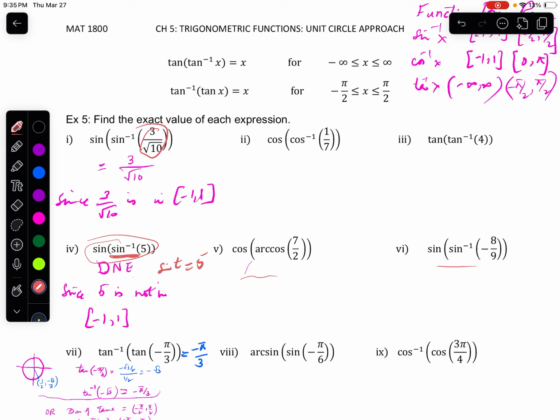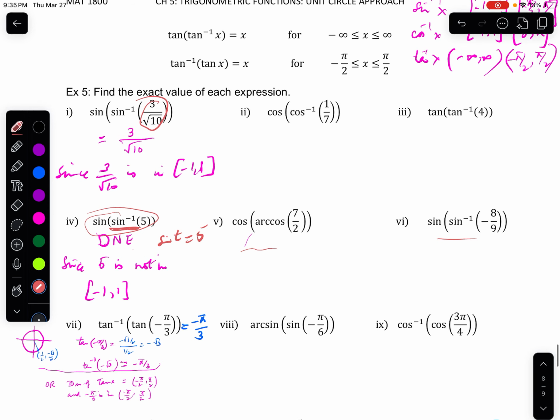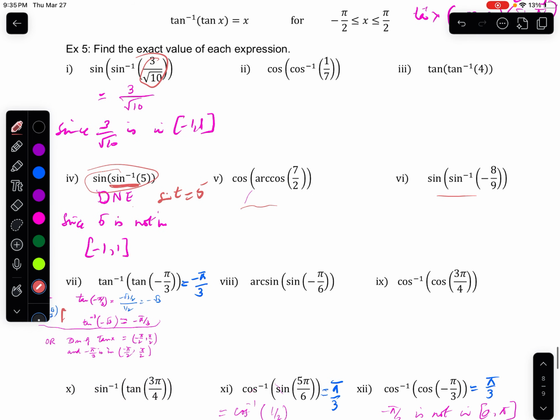And now I'm going to number 7 here, which is saying tangent inverse of tangent of negative pi over 3. In the previous examples, the inverse function was inside and the plain function was outside. Now we have the plain function inside and the inverse is outside.